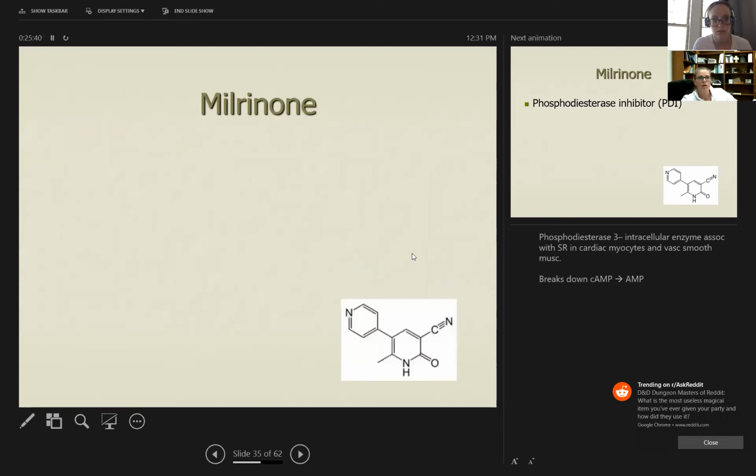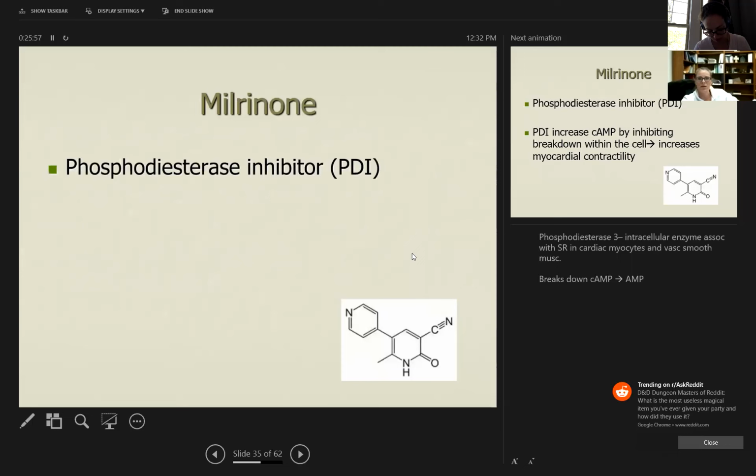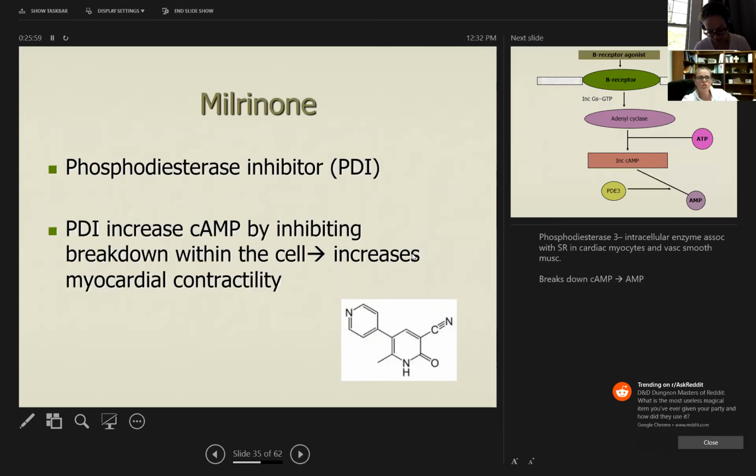Okay. Shifting gears from sort of our classic vasoactive substances that work on our alpha and beta receptors, we're going to switch gears a little bit now and talk about milrinone. So milrinone works completely differently. Milrinone's our phosphodiesterase inhibitor, and what it is going to do is it's going to use those effects to increase cyclic AMP by inhibiting its breakdown within the cell, thereby increasing myocardial contractility.